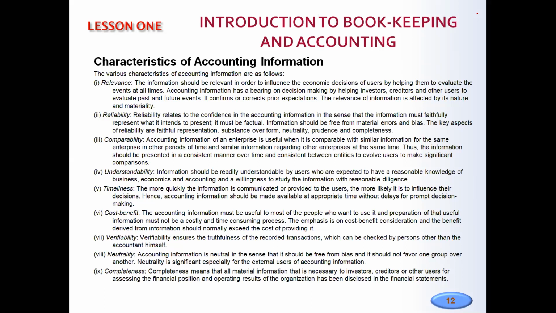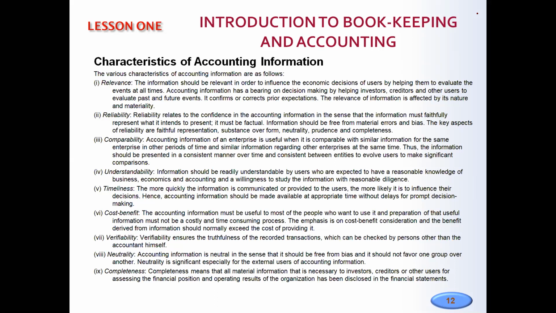Make sure that whatever information you are providing for that user is relevant for the decision making of that user. The information should be relevant in order to influence the economic decision of the users by helping them to evaluate events at all times. Accounting information has a bearing on decision making by helping investors, creditors, and other users to evaluate past and future events, and confirm or correct prior expectation.